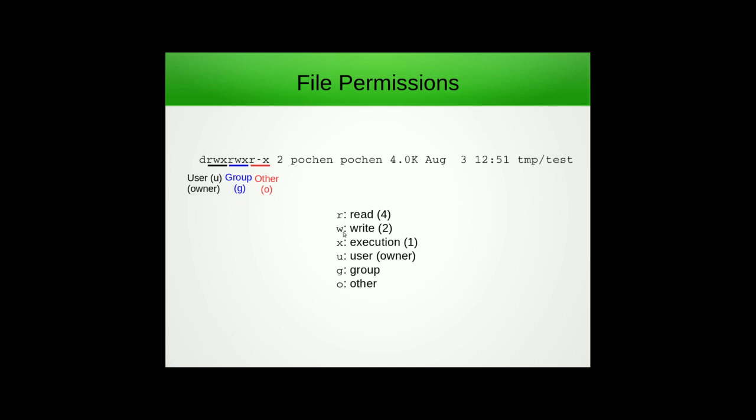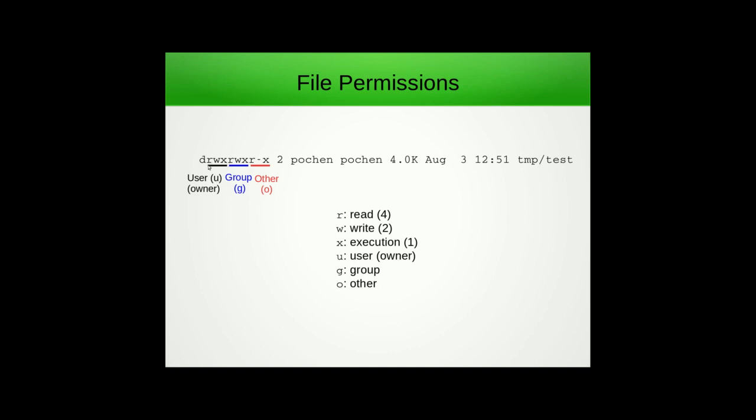There's also a shorthand for representing rwx permission. The read permission has a value of 4, the write permission has a value of 2, and the execute permission has a value of 1. So for this particular example, for the user or the owner, I have r, w, and x.